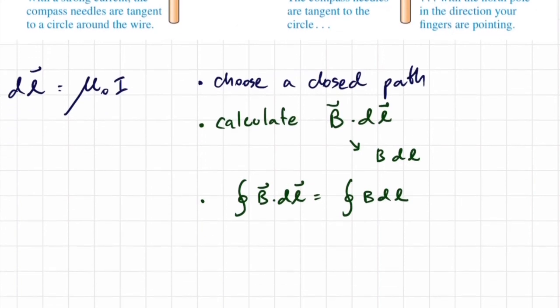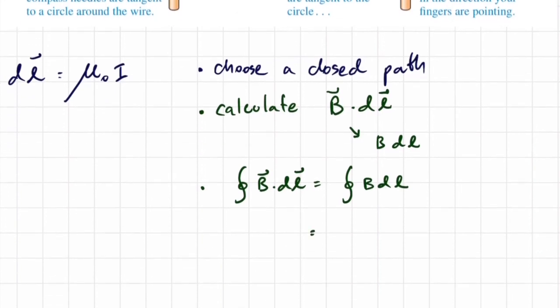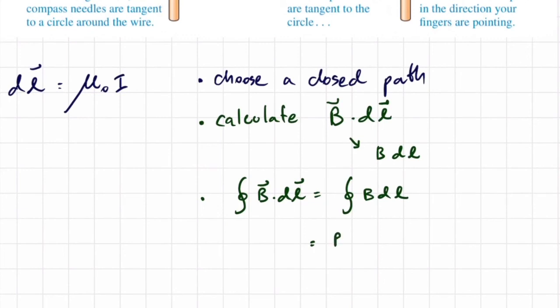Going back here, I can take B out of the integral sign because B is constant. Be careful here. When I say B is constant, I mean the magnitude of B is constant. Of course, the direction is not constant.